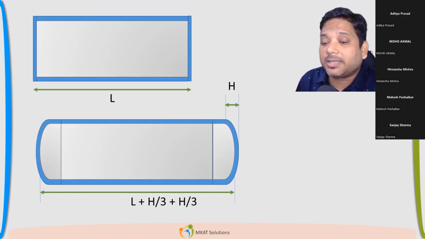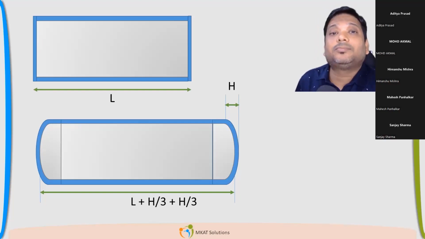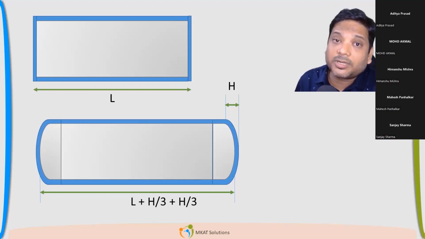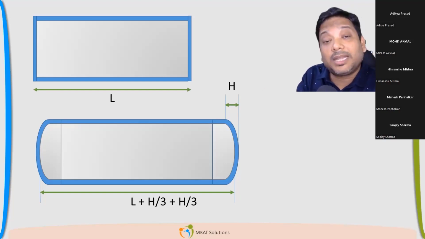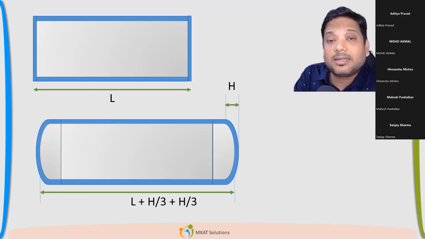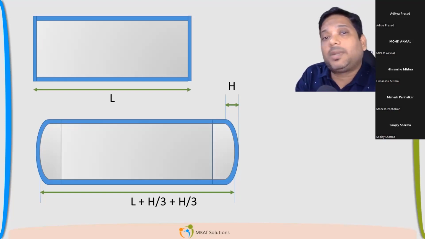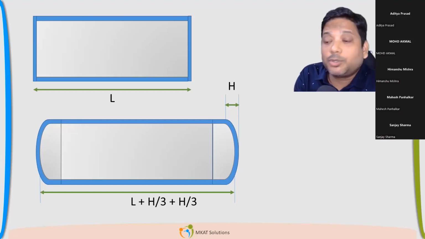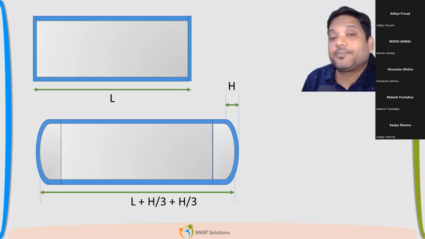So if I take H by 3, this side also, H by 3 at this side also, the length of the vessel in external pressure, or I should say length of the line of support, length between line of support, that is my L plus H by 3 plus H by 3. Okay. So total L plus 2H by 3. That is my L value for external pressure calculation.